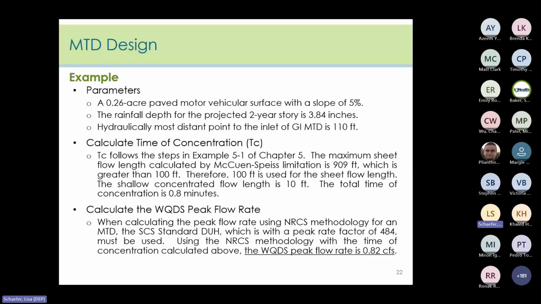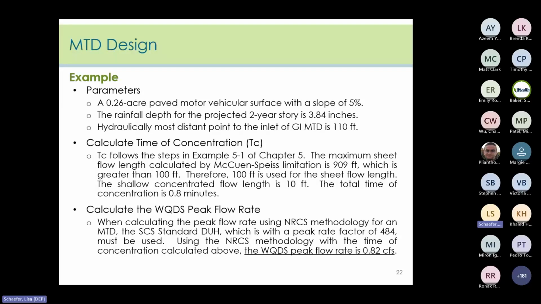The selection of the model that's listed on the webpage will be based on the maximum treatment flow rate, MTFR, for a hydrodynamic type MTD, or the maximum allowable drainage area evaluation method and the MTFR evaluation method per the certification letter for the filtration type MTD.